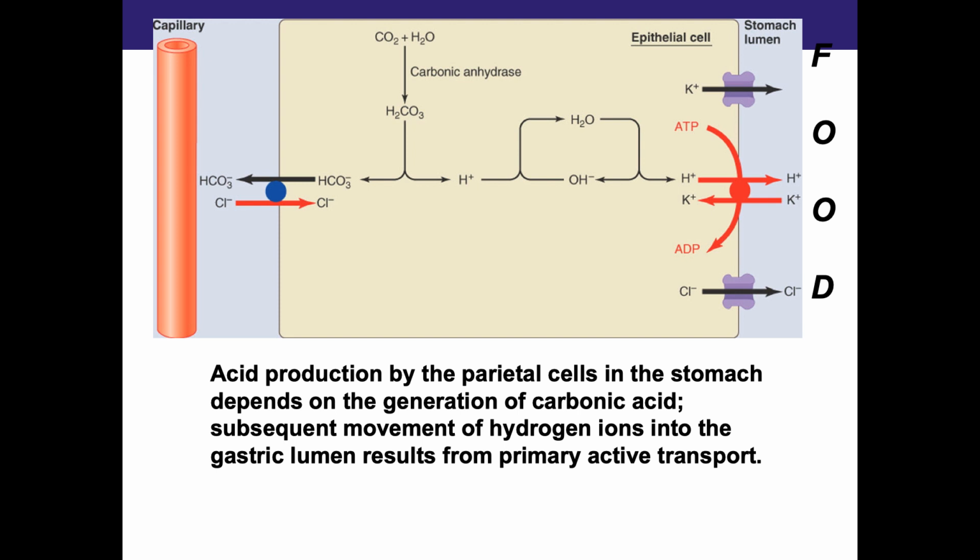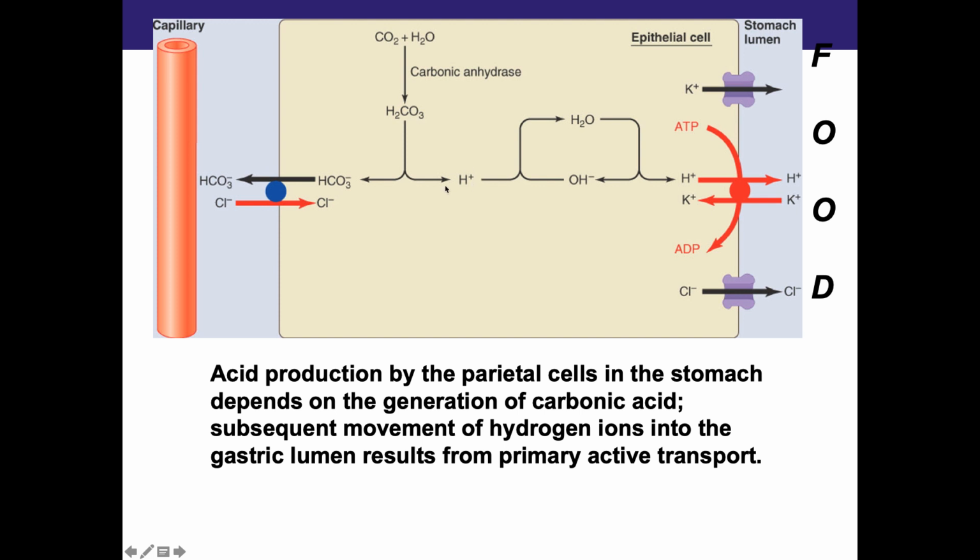Okay, so this square, let me give you some orientation here. This square is a parietal cell. So all of this beige area in here is a parietal cell. And it looks complicated, but you've seen this all before. Remember the reaction: carbon dioxide and water is converted by the enzyme carbonic anhydrase to carbonic acid, which then is converted to bicarbonate and protons.